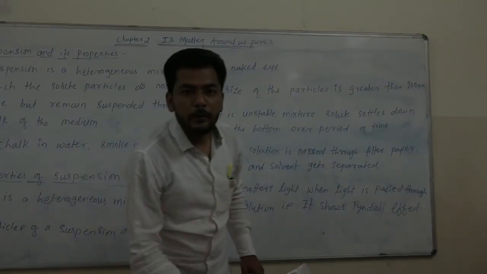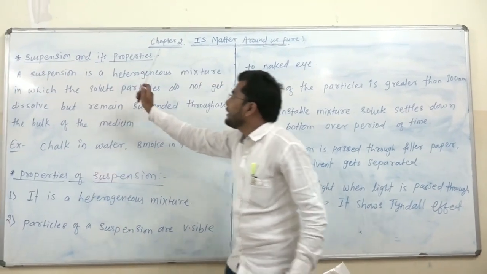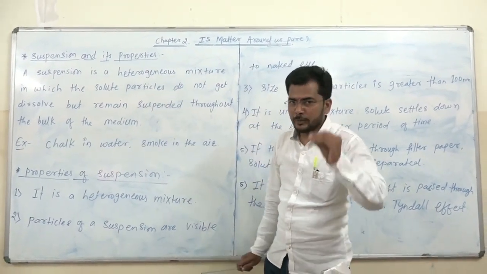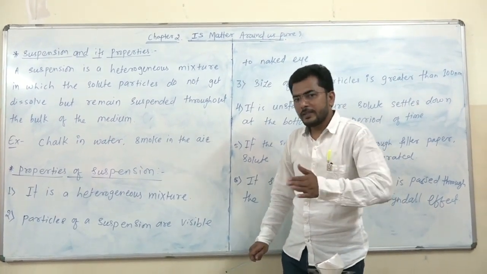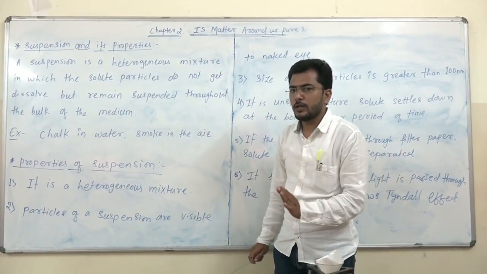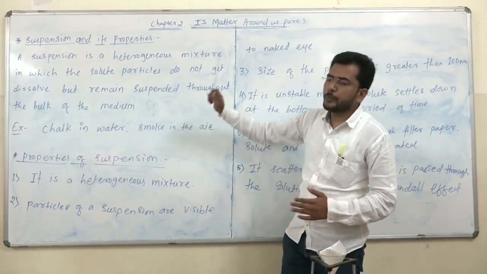In this way, today we see suspension and its properties. A suspension is a heterogeneous mixture. Along with it, we will see solution also, so it will get revised again, and suspension also.